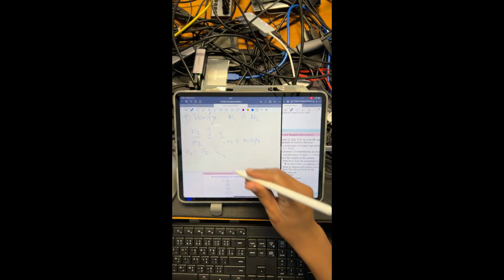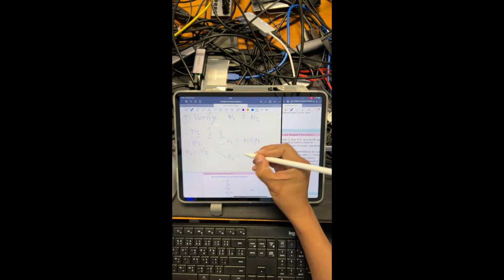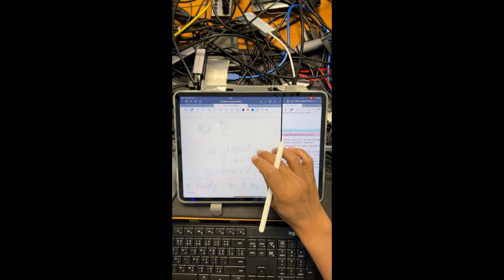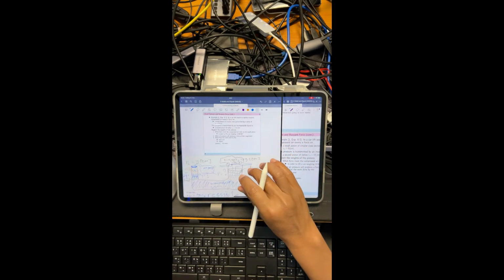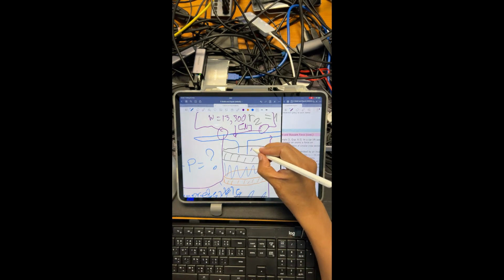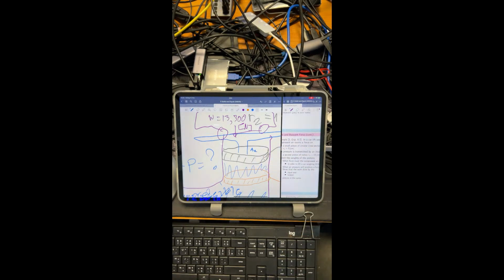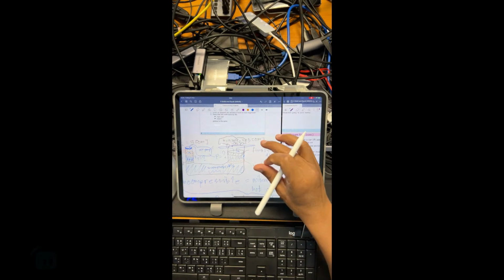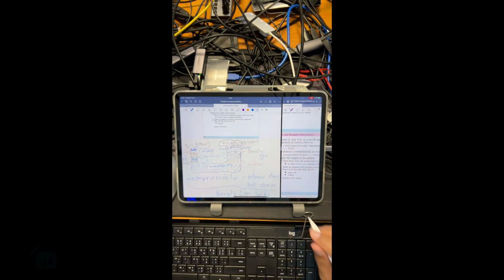And for V2, we have also A2 and delta Y2, because you have A2 here, the cross-sectional area of the second piston, and you move it up, so you have delta Y2, which is right here. Now we could compute the volume at the second side too, the bigger piston.